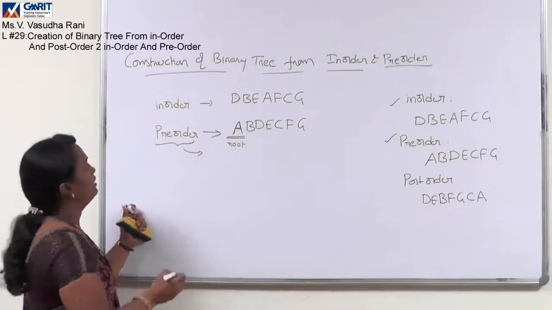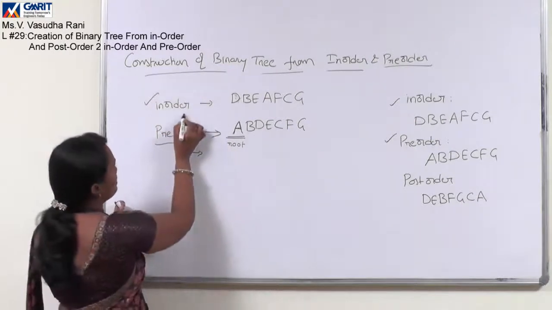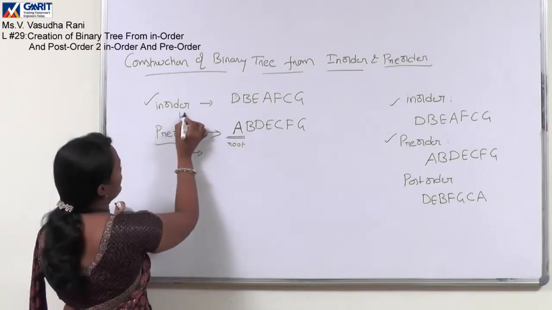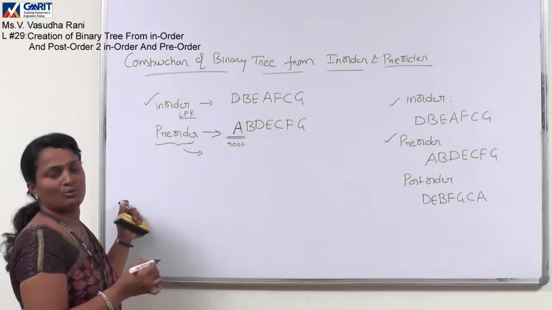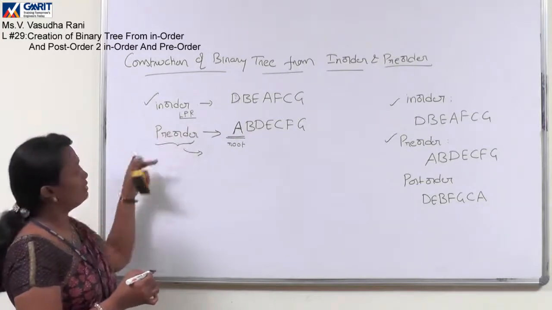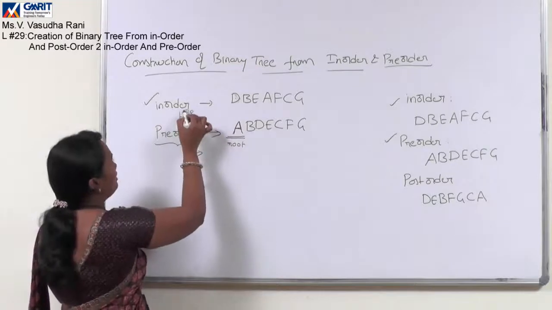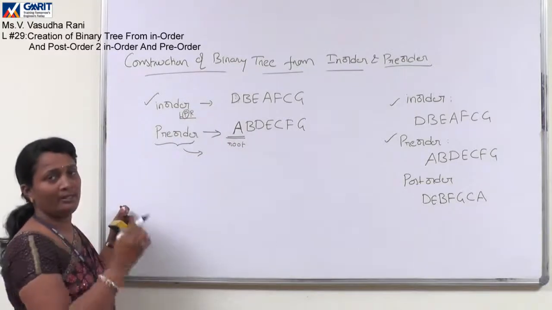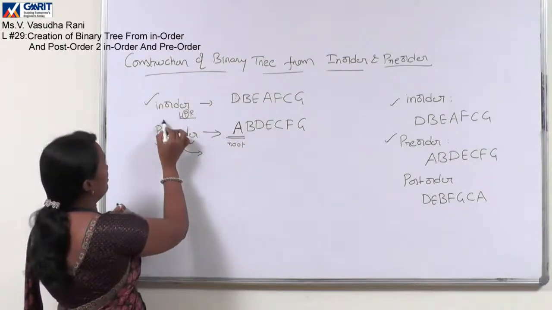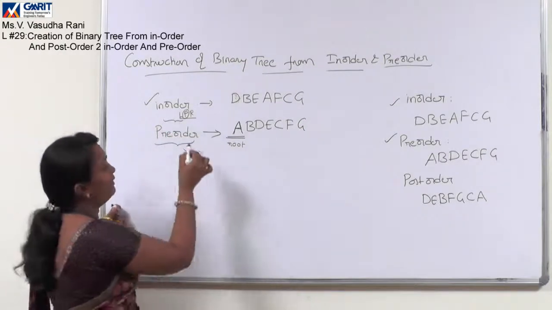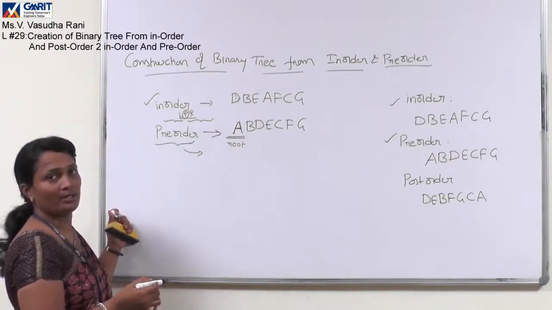Coming to the in-order traversal, it follows the sequence left, parent and right. So from in-order traversal you can understand that the root will be the parent, its left subtree will be the left part of the traversal and the right subtree will be the right part.